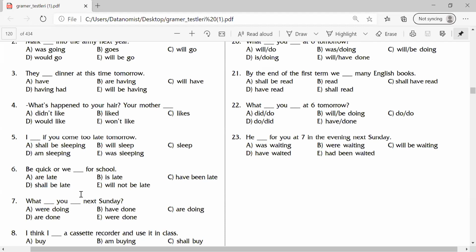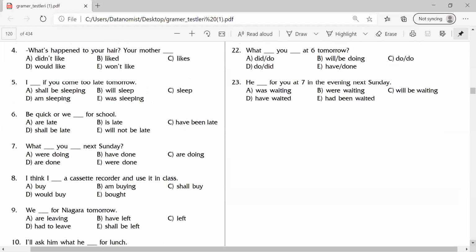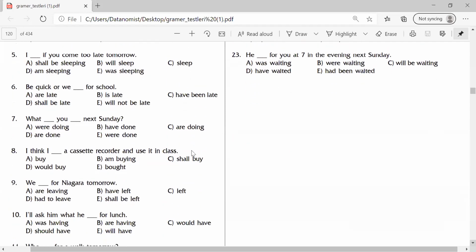What dash you next Sunday? Next Sunday. C should be your answer. Maybe typing mistake, isn't it? You cannot say, what are you doing? Right? It should be R. Okay. What are you doing next Sunday? It means I am talking about your intention. Okay. Or fixed timetable. Fine.